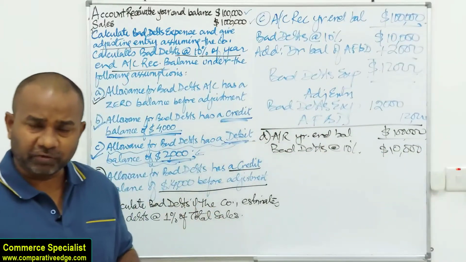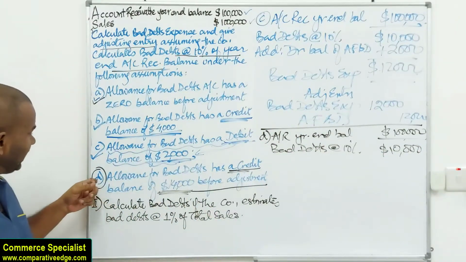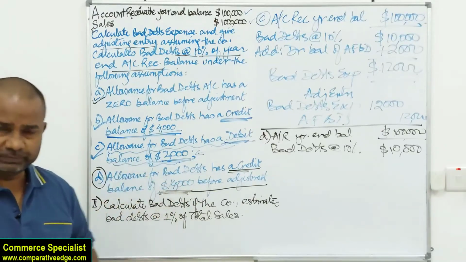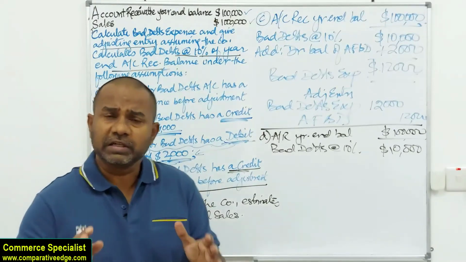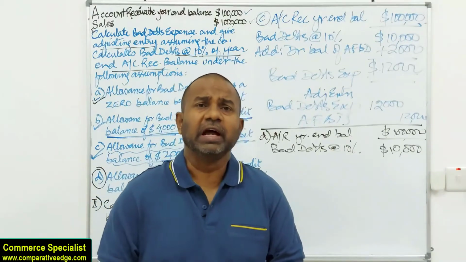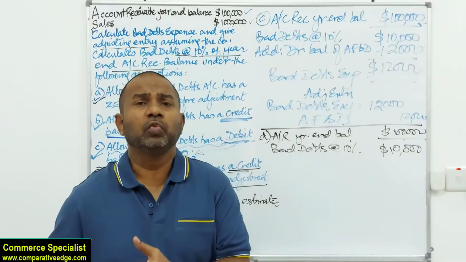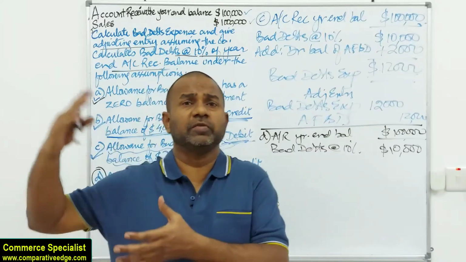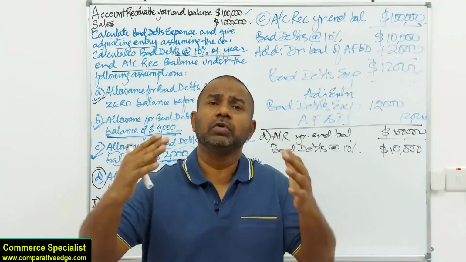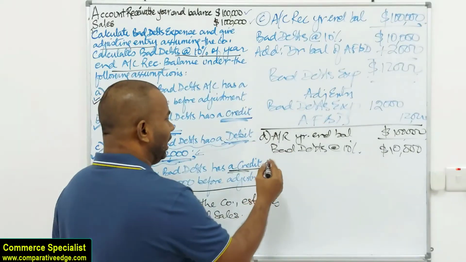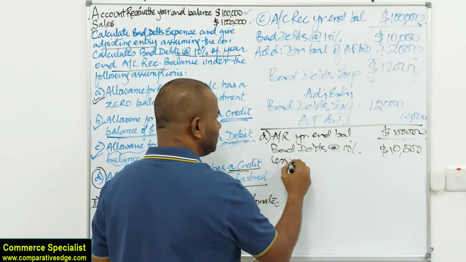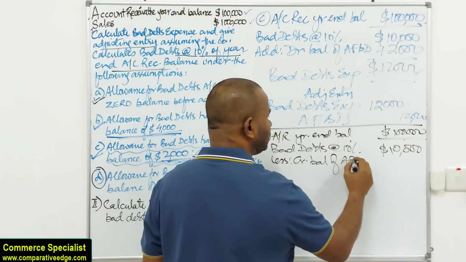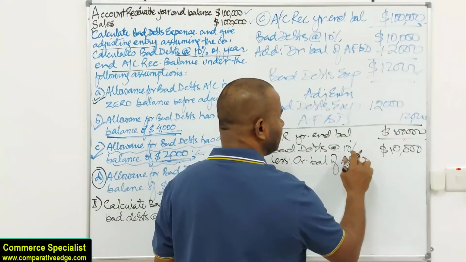Now you have to be very careful. If you look at assumption D, it says it has a credit balance of 14,000. A credit balance in allowance, as I already told you, means last year it was overestimated. So it was overestimated last year. Now we have to subtract it. So I will write less credit balance of allowance for bad debts.